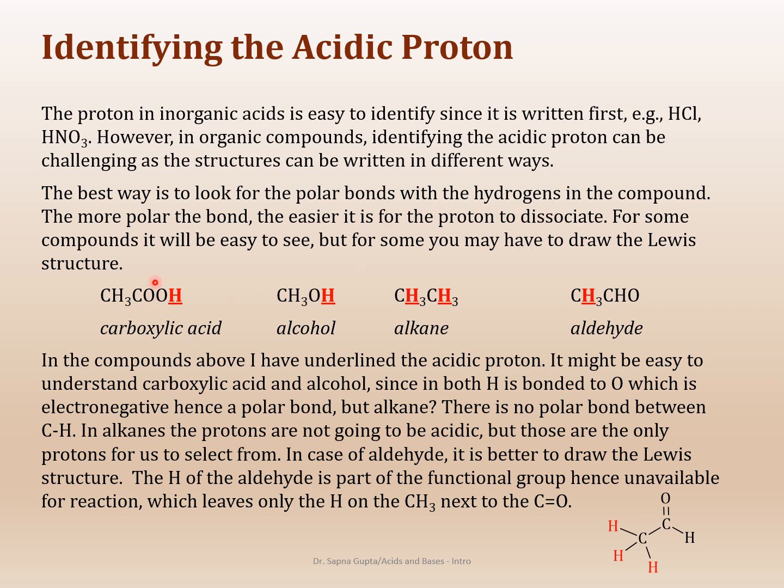So let's look at carboxylic acid to begin with. You have a CH3 and you have a COOH, which means you can have two kinds of protons. You have a proton here, which is the red one, and then you have 3 protons here. But the bond between carbon and hydrogen is not as polar as it would be between oxygen and hydrogen.